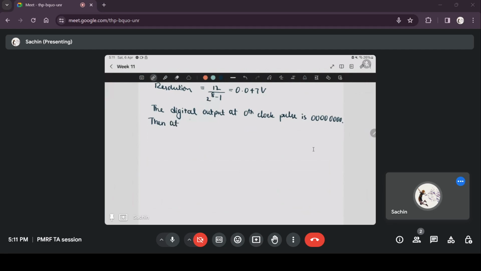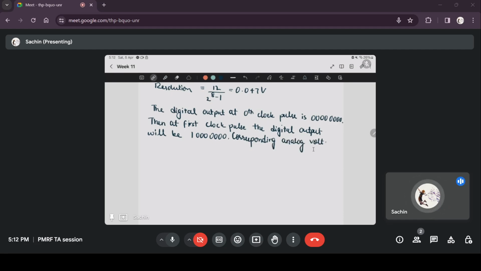Then at first clock pulse, the digital output will be 10000000, corresponding analog voltage VDAC is 0.047 into 128, decimal of 10000000.